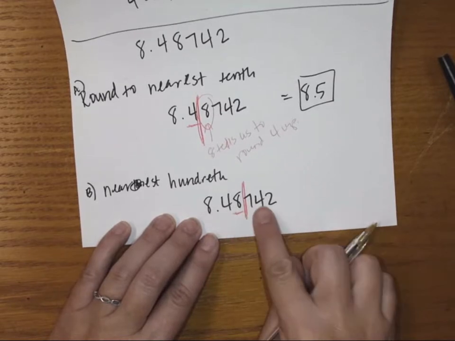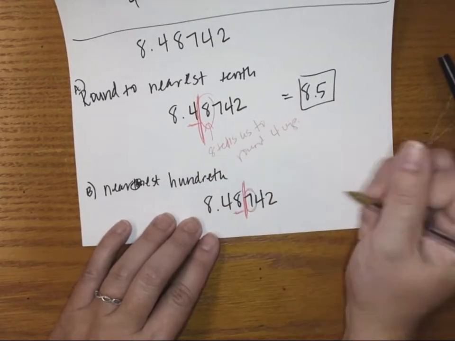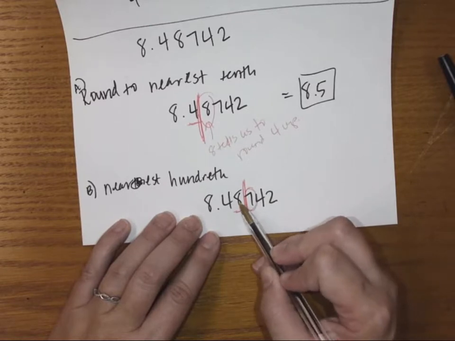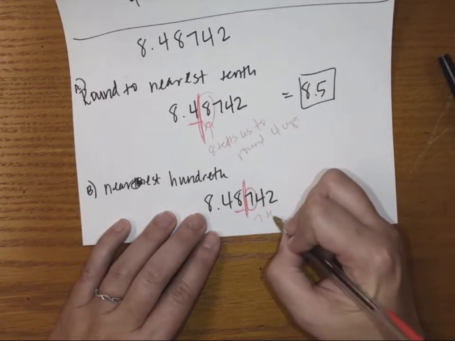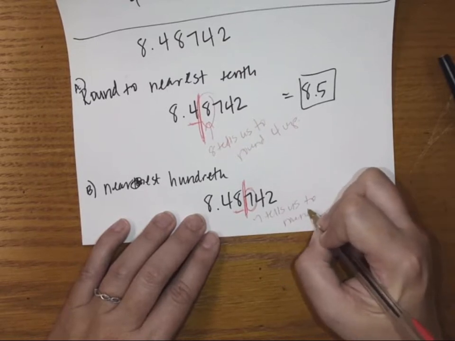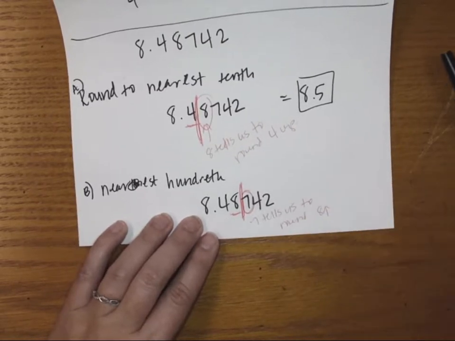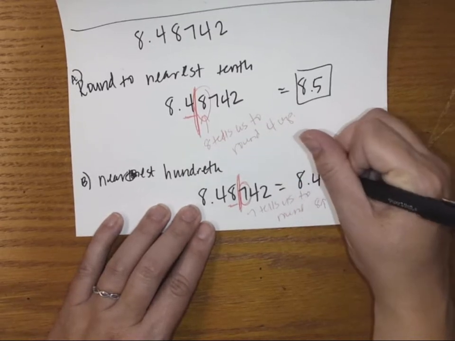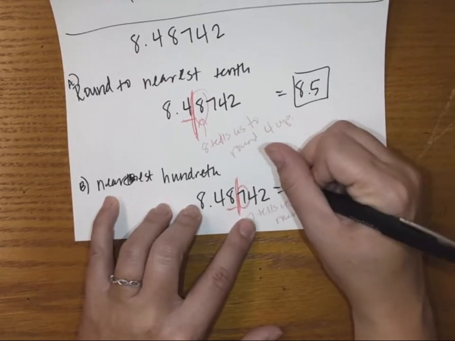Okay, so I need to look at the thousandths place and tell me, do I round up or keep it the same? 7 is a number bigger than 5, so it's going to round the 4 up. So 7 tells us to round 4 up. So this would be the number 8.5.